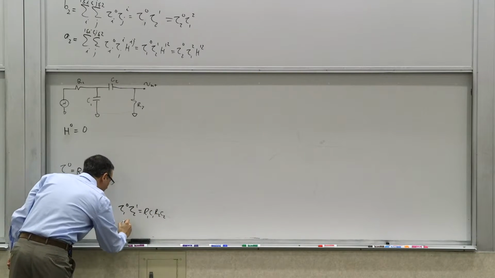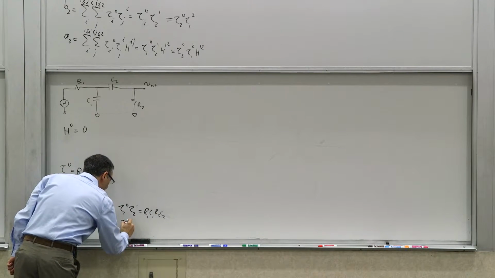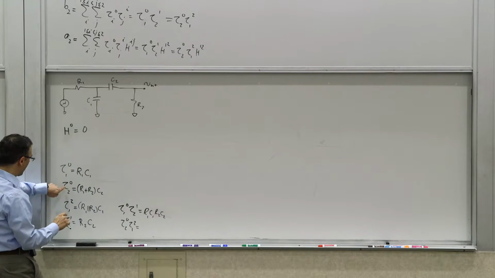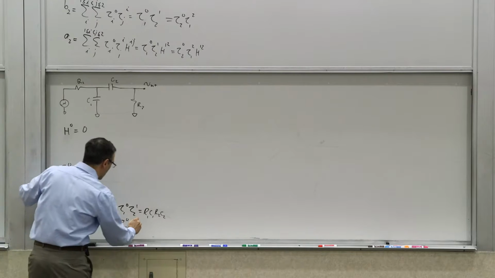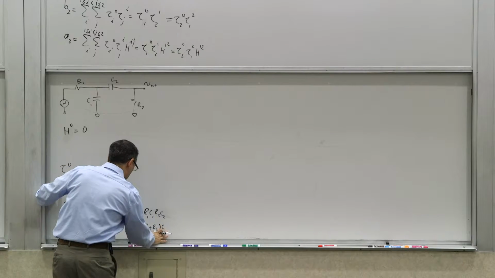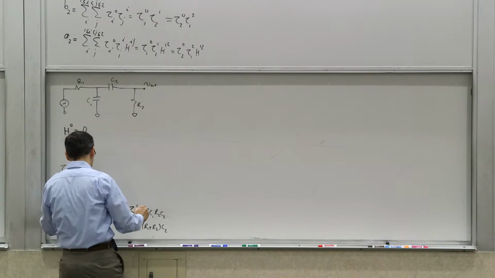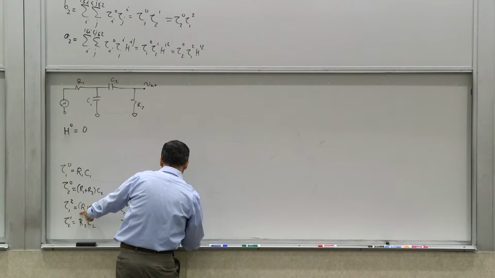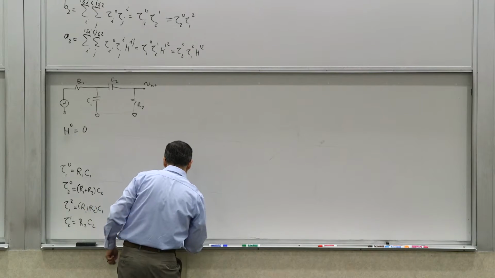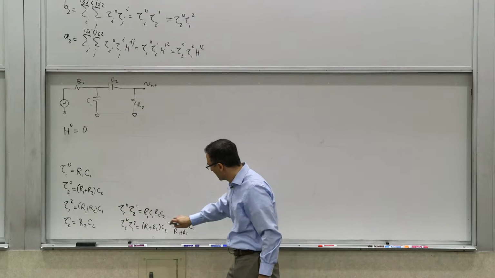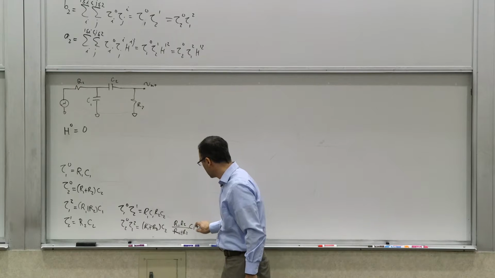Now, how about tau 20 times tau 12? Tau 20 is R1 plus R2 times C2, and then tau 12 is the parallel combination, which is R1 R2 over R1 plus R2 times C1. And these terms cancel, and you get exactly the same thing.